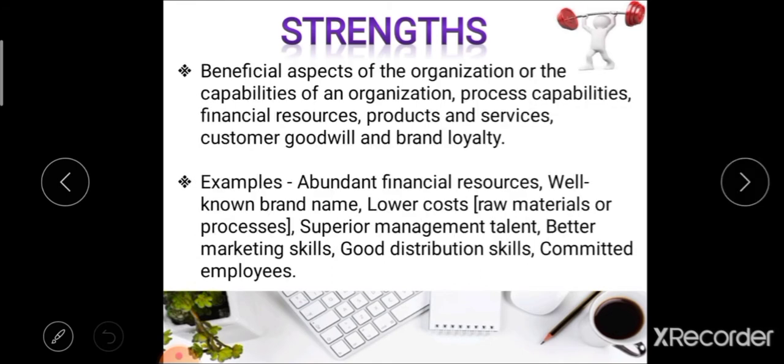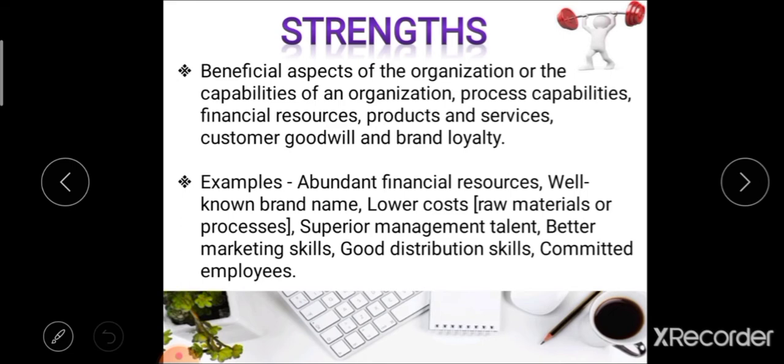Okay, so beneficial aspects of the organization or capabilities of an organization, process capabilities, financial resource, products, service, then customer goodwill and brand loyalties are considered as a strength of that particular business.